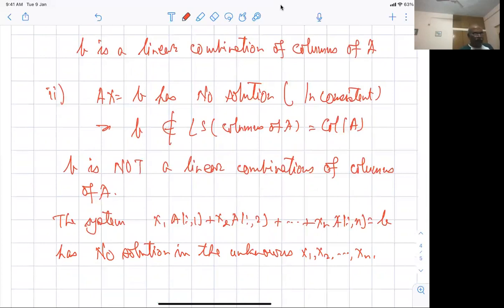So what we have done in this lecture is we have looked at the system Ax is equal to B. We have tried to understand what is called linear combination. First, we understood what is the linear span. Linear span means all the possible vectors that can be generated.